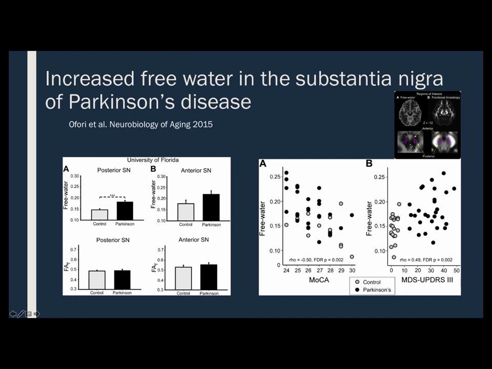One of the things is that they look together at both hemispheres. The other is that even though the difference seems significant here, when you look at the actual data, again, there is a lot of overlap between the patients and the healthy volunteers. This is a correlation with the MoCA, which is a cognitive test, very comprehensive, and not necessarily related to the substantia nigra, but more a general cognitive test.